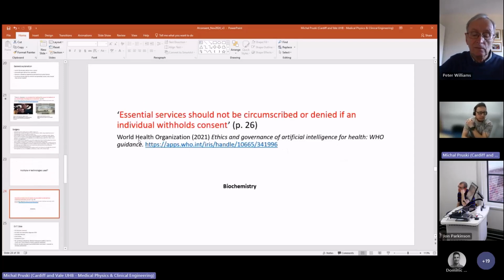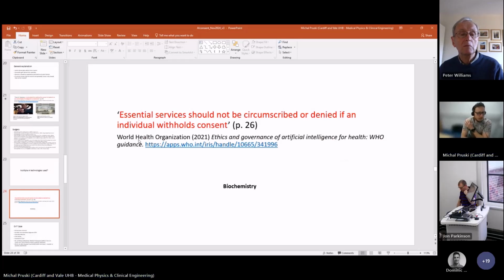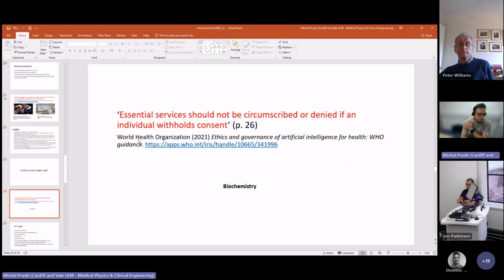And another statement by the World Health Organization was that essential services should not be circumscribed or denied if an individual withholds consent. Now think about a blood sample again that gets sent to the main labs, where most of the analyzers are automated.